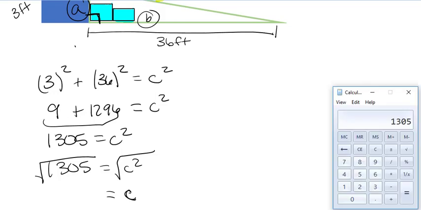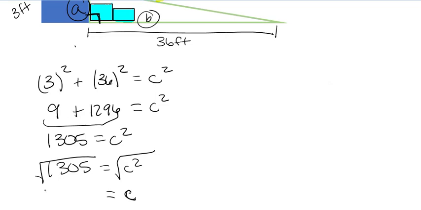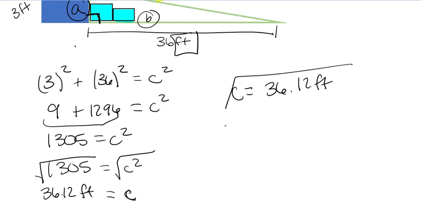Now we're going to go back to our calculator and take the square root of this, which gives us 36.12. So we are going to write this right here. And then we know we're working with feet as it is told to us in the problem. The ramp needs to be 36.12 feet long.